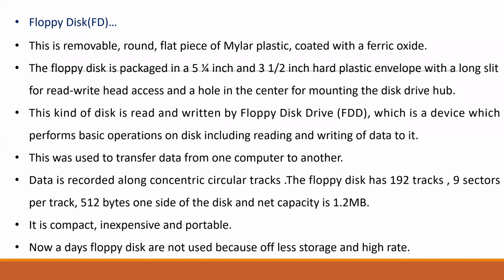Each track contains 9 sectors. 512 bytes per sector on one side of the disk. And net capacity is 1.2 MB. See the size of that disk. Only 1.2 MB of data we can store in floppy drives.